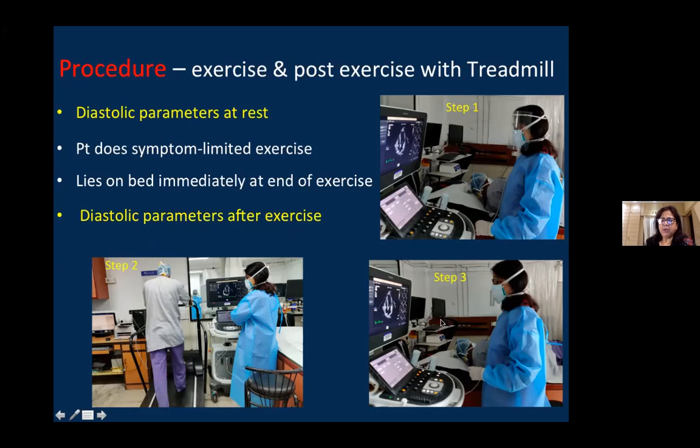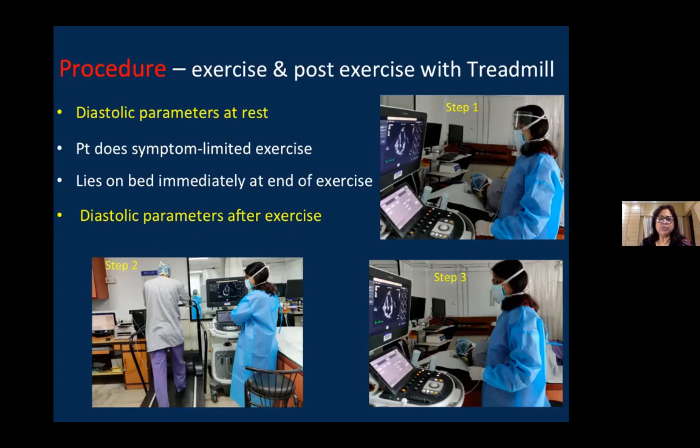Now there is a problem. As the patient walks, the patient becomes tachycardic, the heart rate increases, and that causes fusion of the E and the A wave. So you ask the patient to lie down, keep the probe in the proper position, and within a minute the tachycardia settles and the E wave and A wave get separated.